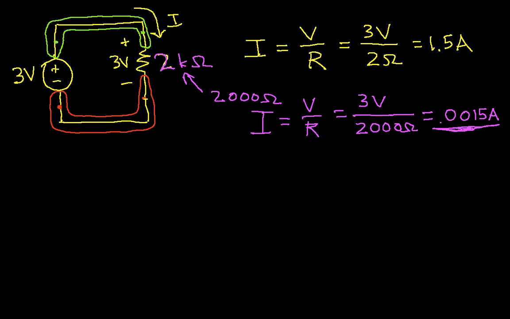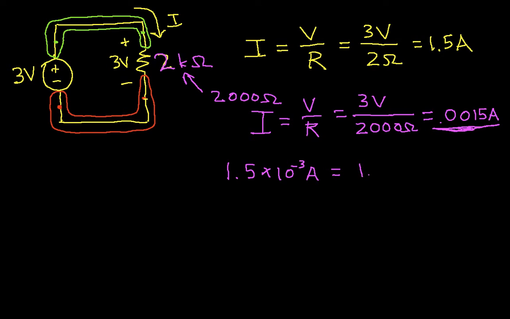You can see that this 0.0015 amps is the same as 1.5 times 10 to the minus 3 amps. This is just scientific notation, right? And if I have 10 to the minus third, the appropriate prefix from the metric system is a small m, which stands for milli.